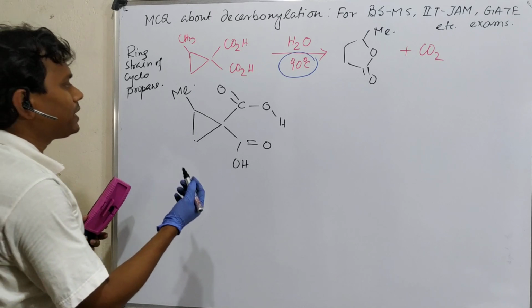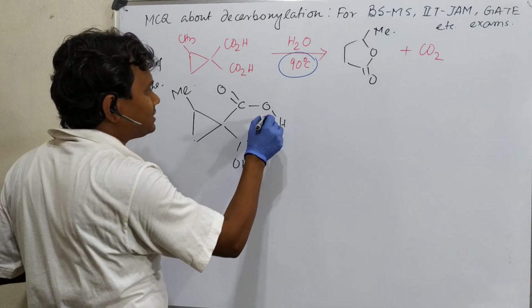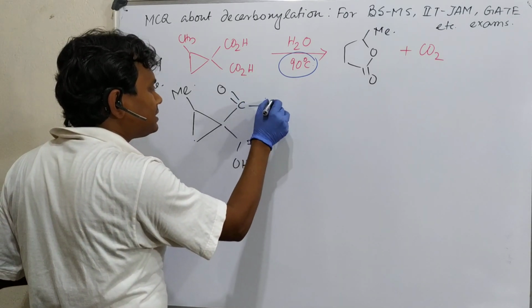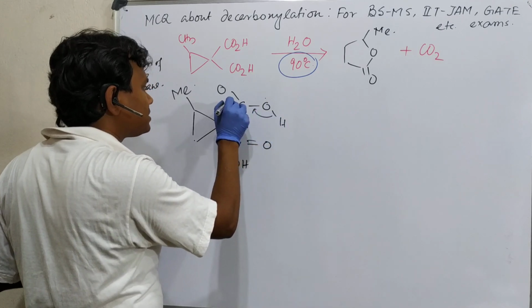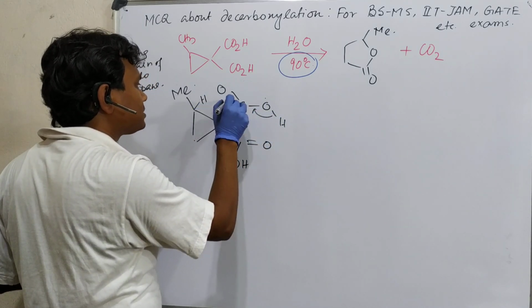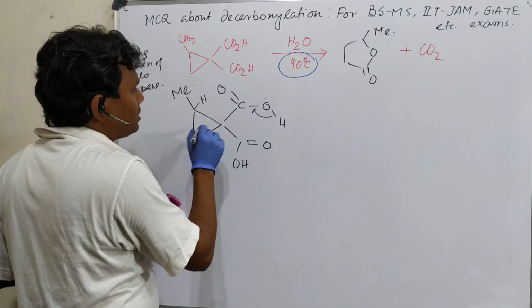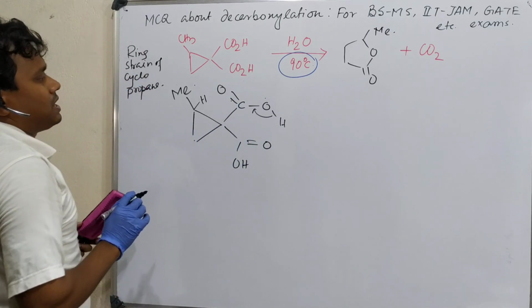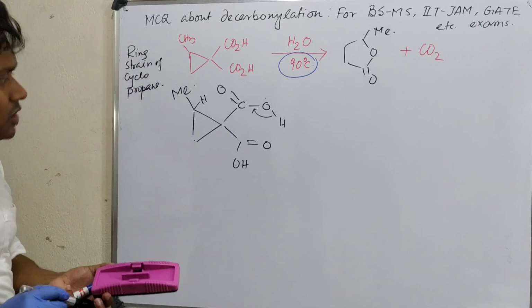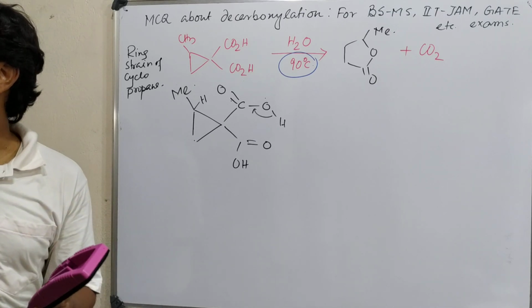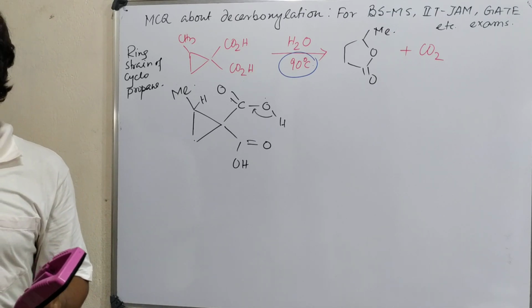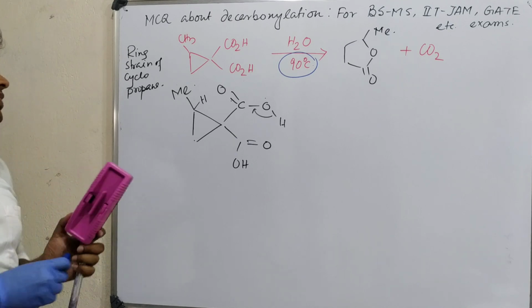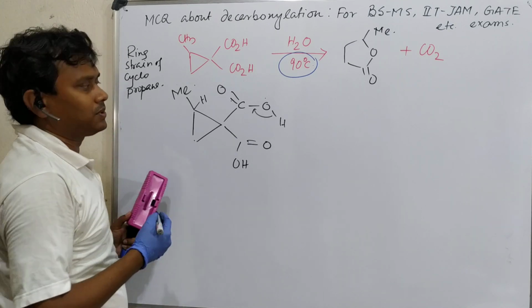You may consider it in this way. First of all, see, this cyclopropane ring wants to break, because breaking the ring will release the angle strain. Where is it expected to break?